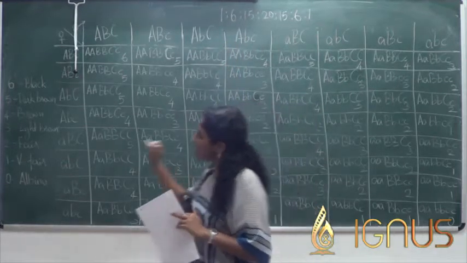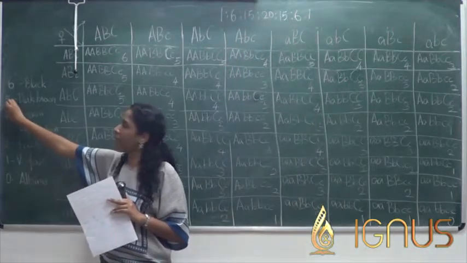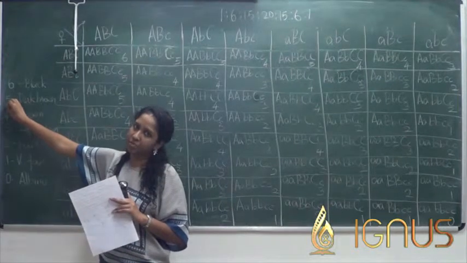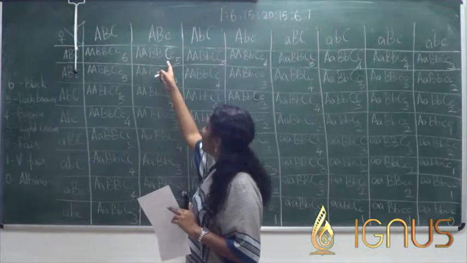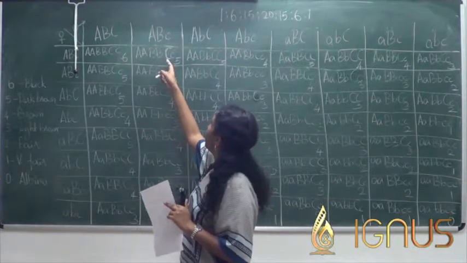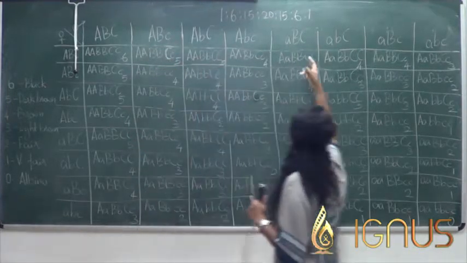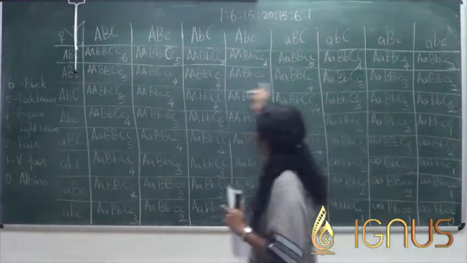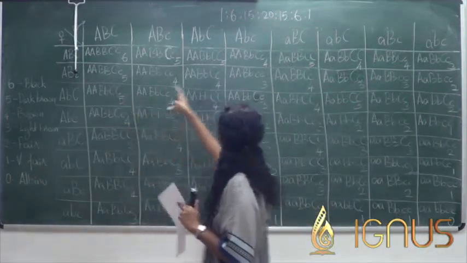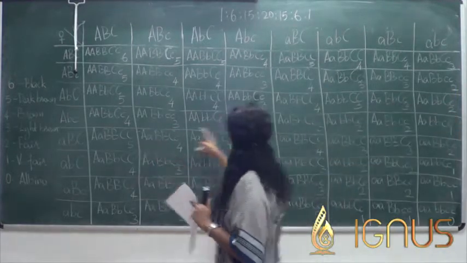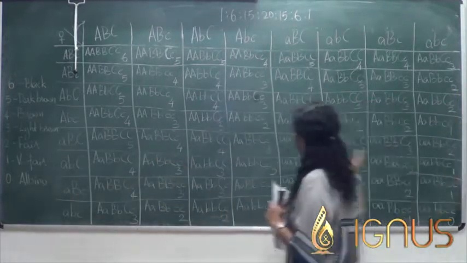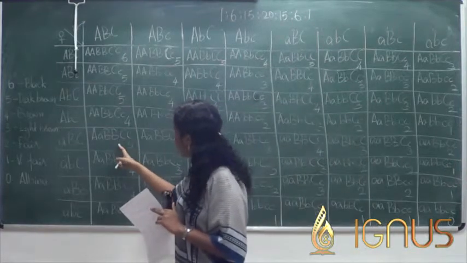All right, next is how many of them have dark brown, which comes from 5 dominant alleles. So 5 dominant alleles, you can check here, 1, 2, 3, not there, 4, 5, not there, and then not there, not there, 6.